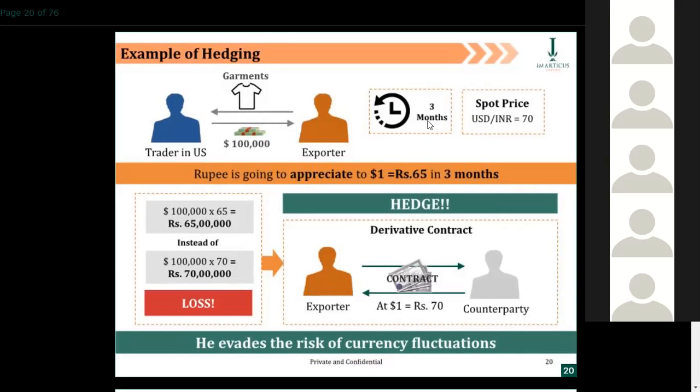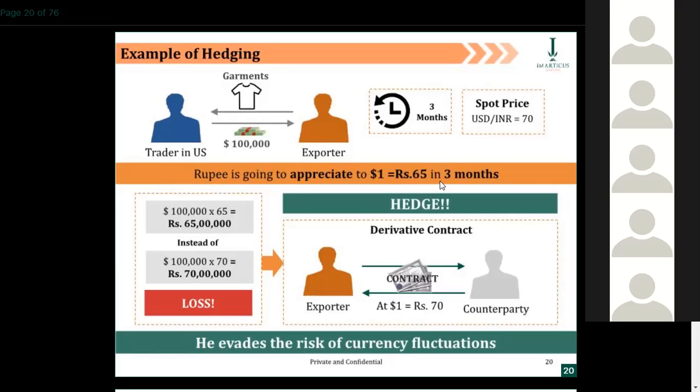You can see the time here, 3 months. Right now, the spot price of USD/INR is rupees 70. So one USD is equivalent to how much? 70, right? So as an exporter, you would have these things in your mind. The rupee is going to appreciate to $1 = 65 rupees in 3 months. So what will happen if the rupee becomes $1 = 65?